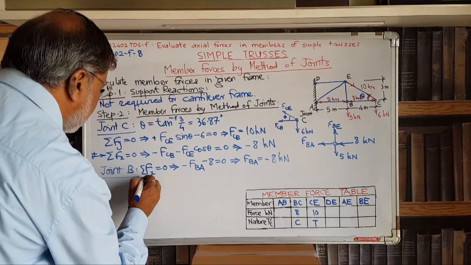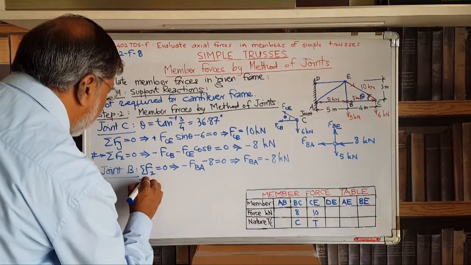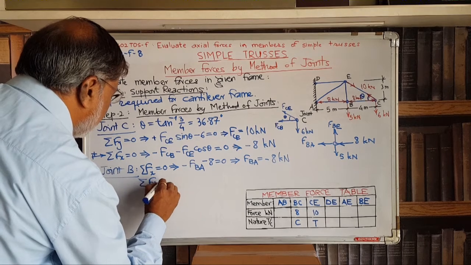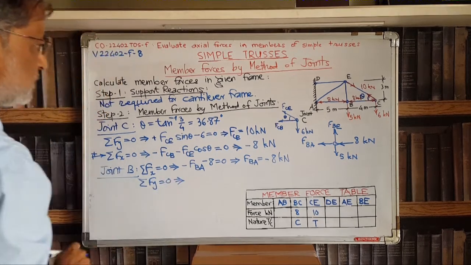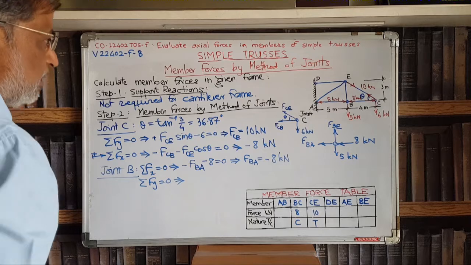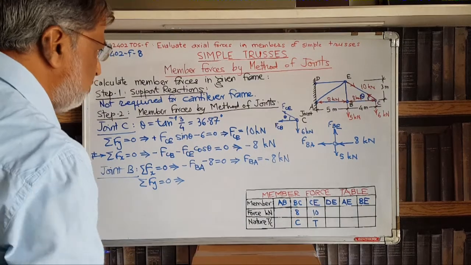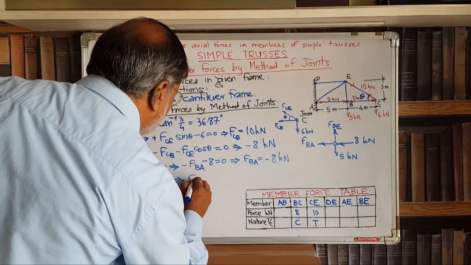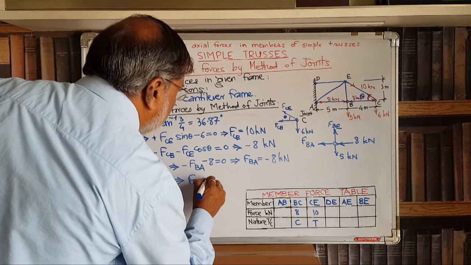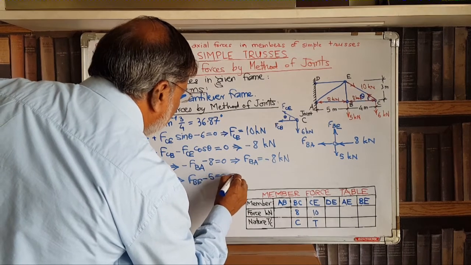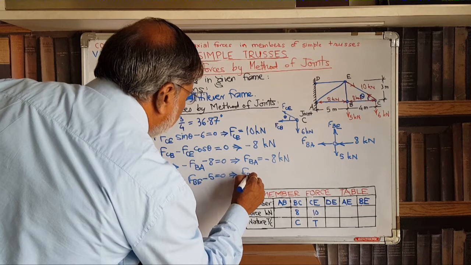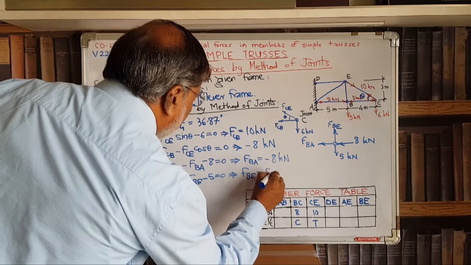Then the second is we will have sigma Fy equal to 0. Sigma Fy equal to 0 readily gives us FBE minus 5 equal to 0. So this gives us FBE equal to 5 kilonewton.